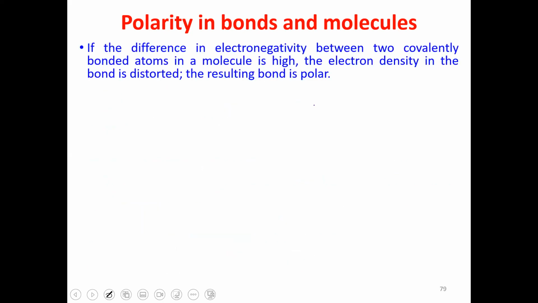If the difference in electronegativity is quite large, the bond will adopt a polarity. I will ask you, for example, a carbon-hydrogen bond is non-polar, but a carbon-chlorine bond is polar. Can you tell me why? You can always look at the screen.